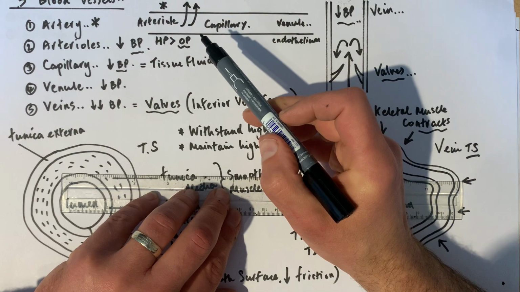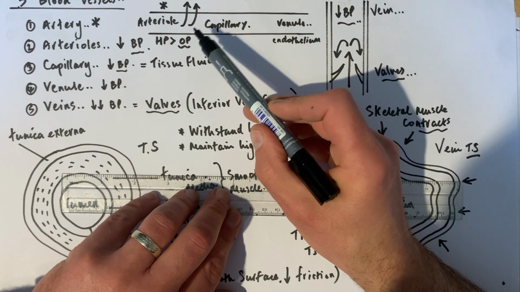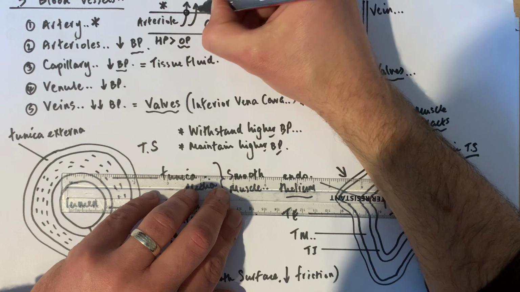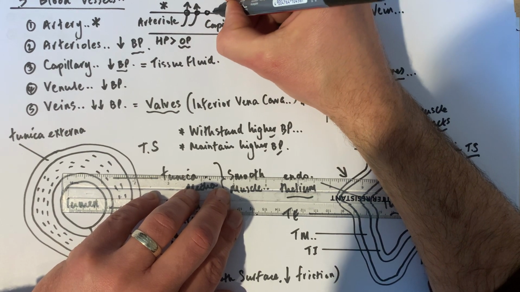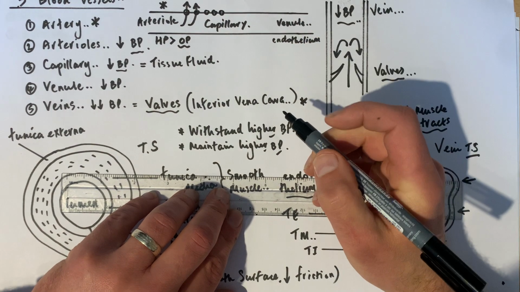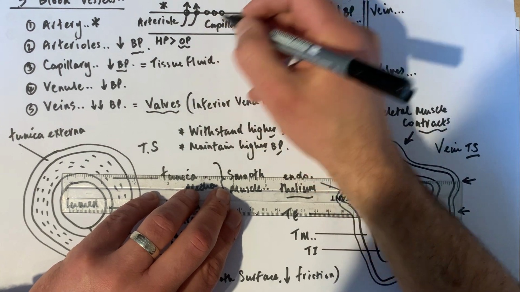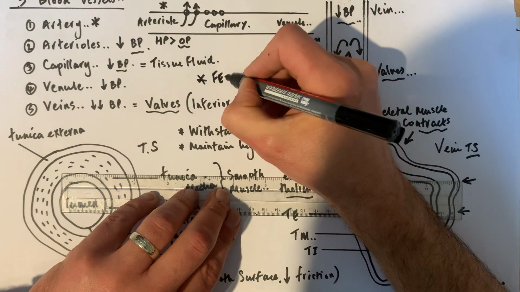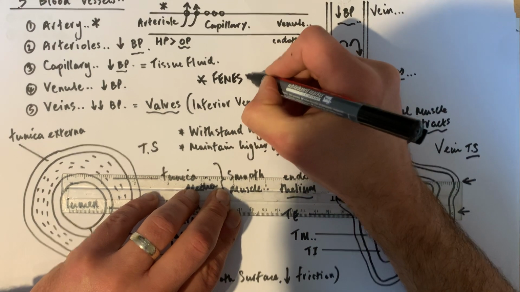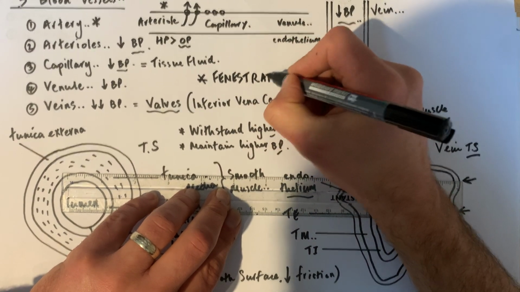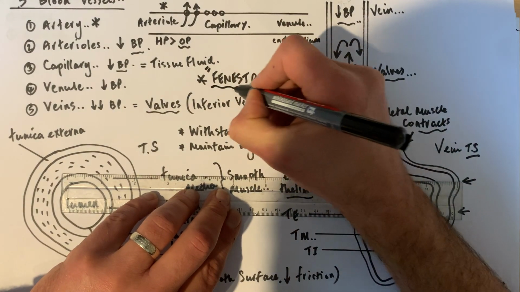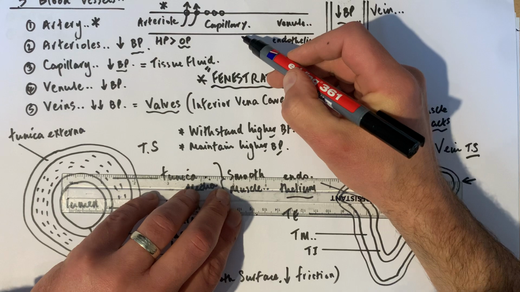and any dissolved solutes within the water, such as glucose, amino acids and ions, through the fenestrations, which are little gaps and holes in the endothelium. So we're going to get, and I can just put this down here, fenestrations in the endothelium of the capillary wall.